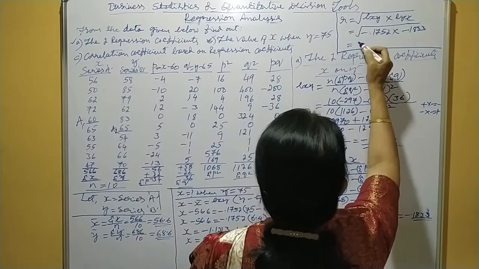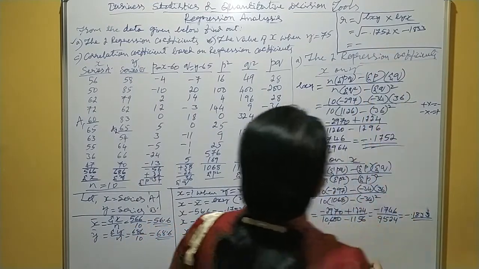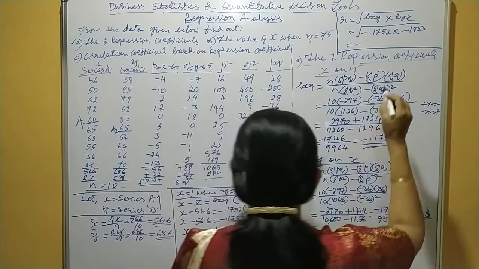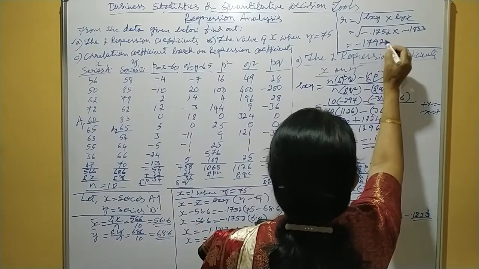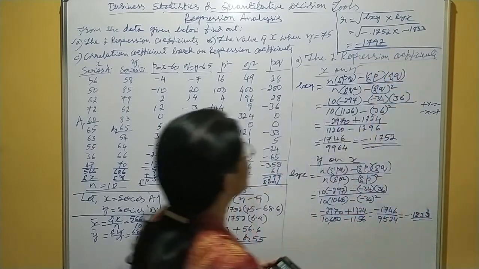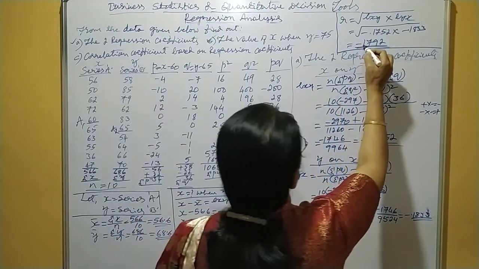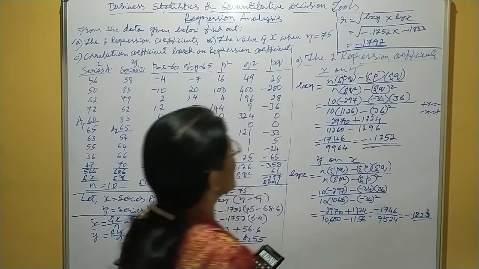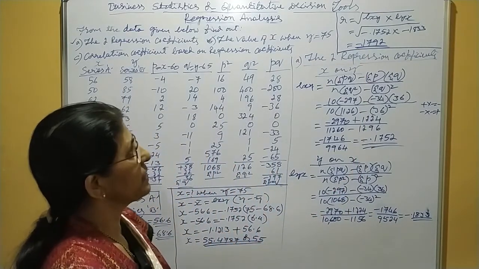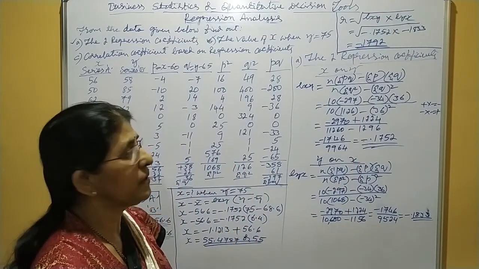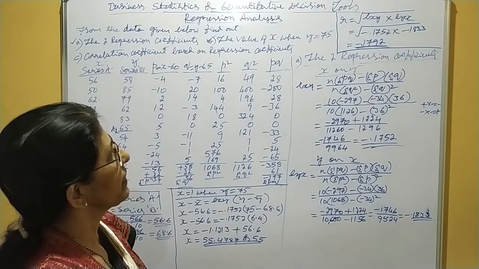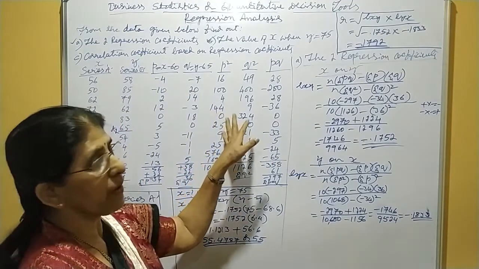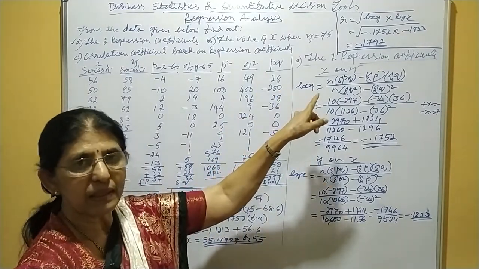The sign will be minus only, that is 0.1792. This is the correlation coefficient based on the regression coefficients. Even if you calculate by applying the direct formula, the answer will be the same.